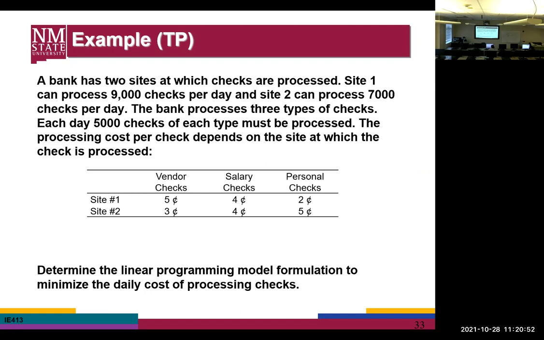How do you do it? Okay, sites as sources, yeah. Then let's do this. In our transportation model, the processing sites are the sources and the check types are the destinations. But like I said, the other way should work too.